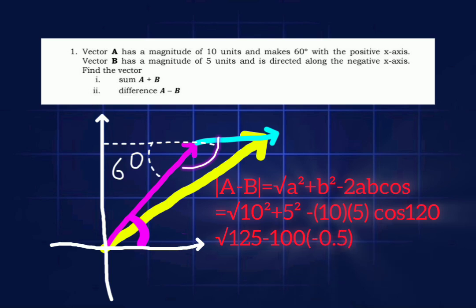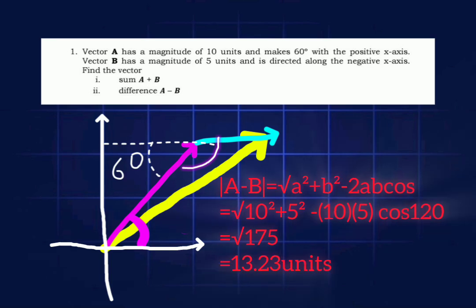So negative 100 multiplied by negative 0.5 gives us positive 50. So that's 125 plus 50, which gives us the root of 175. Plug that into a calculator and we'll have approximately 13.23 units as the magnitude of A minus B.